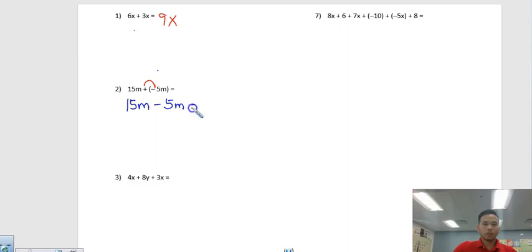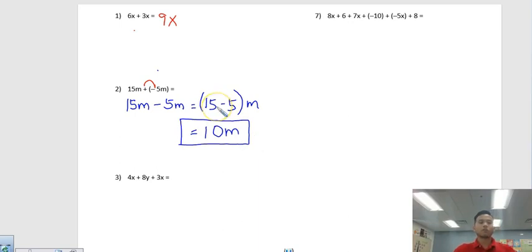So this is like 15 minus 5, and then m will be outside the parenthesis. So 15 minus 5 will give us 10m. So this is now your answer for 15m plus the quantity negative 5m. So the answer is 10m.